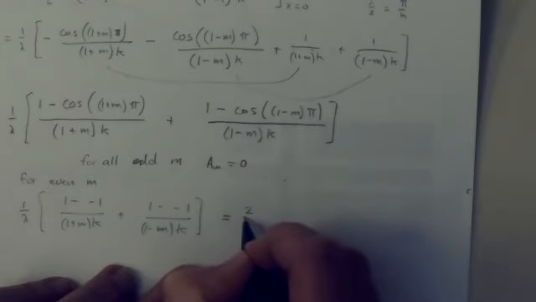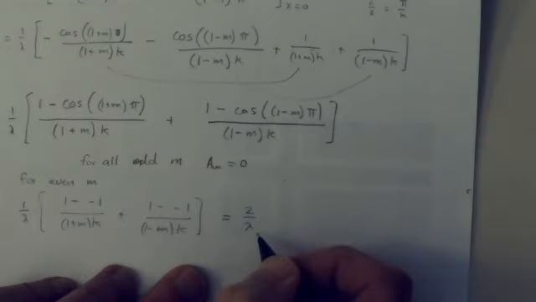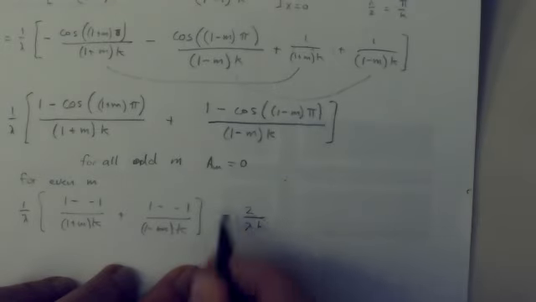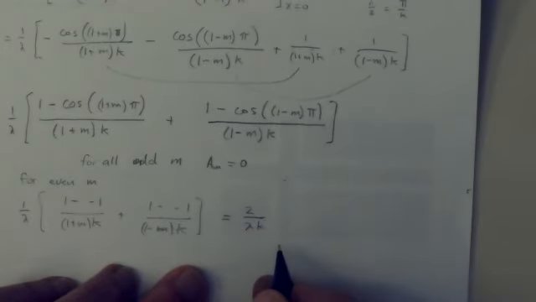So we've got 2 over lambda times k, which I think is pi.